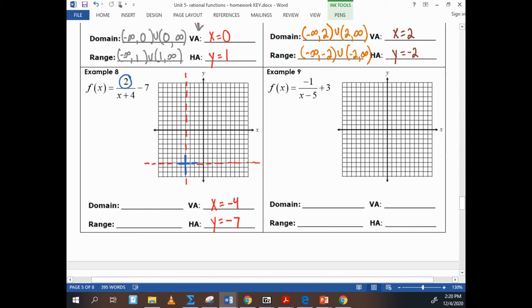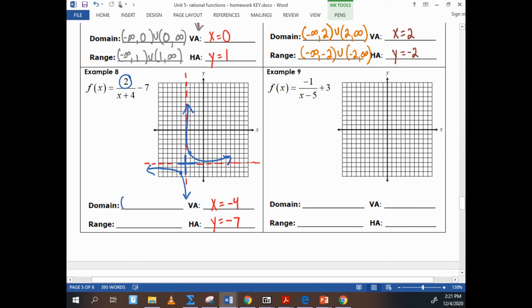That means when I go over 1 to the right here, instead of just going up 1 and putting my dot, I'm going to go up 2. Same thing when I go left, instead of going down 1, I'm going to go down 2. And then go ahead and just draw your normal picture. It's going to go close to the asymptotes, but not cross. And I always wish I were a better drawer for these, but you can see the picture at least.